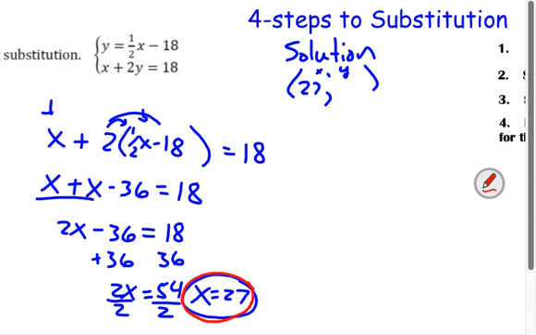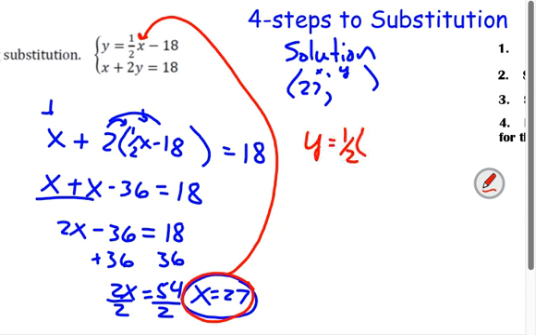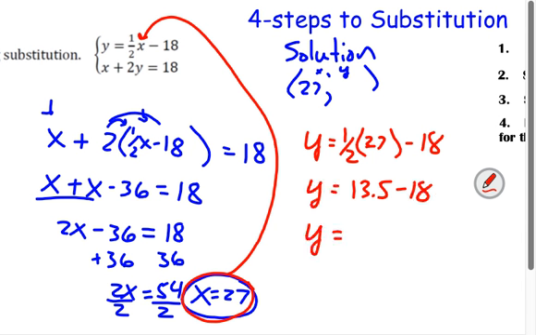I'm just going to take x and plug it in right here and then simplify and solve. y equals 1/2 x, but x is now 27, minus 18. 1/2 times 27 is 13.5. You just do that on your handy dandy calculator. And y equals negative 4.5.